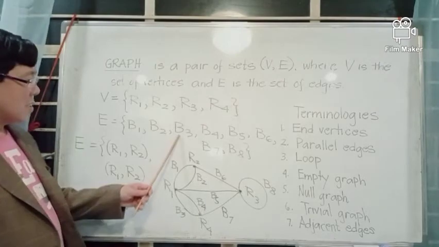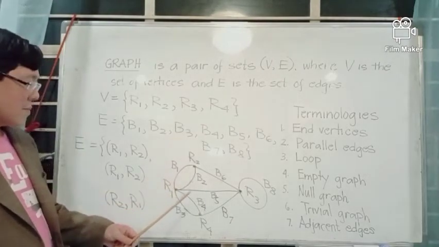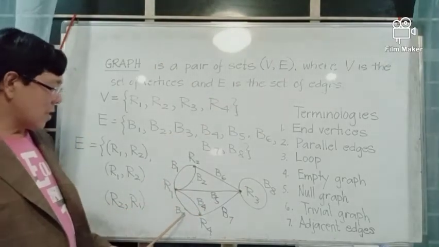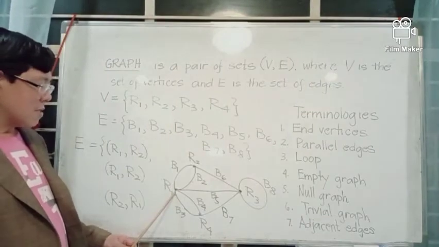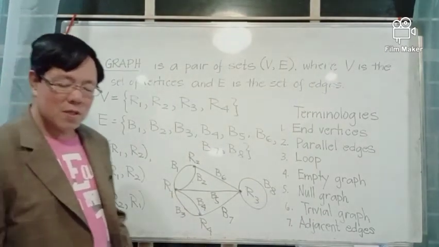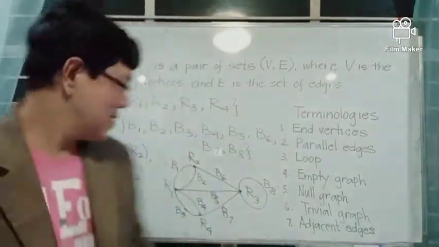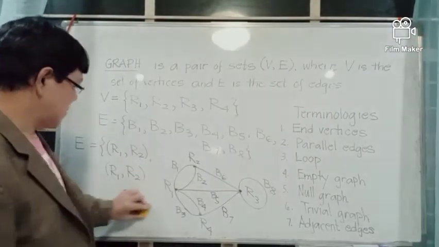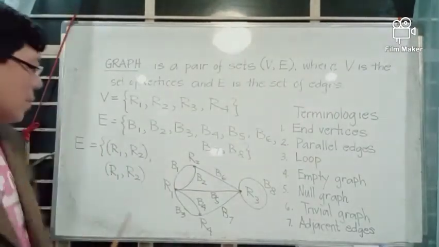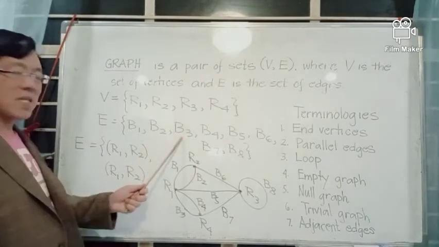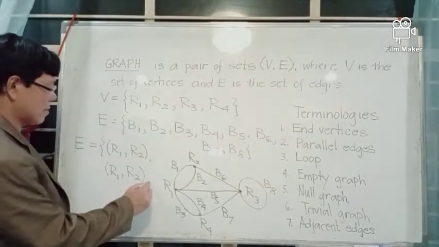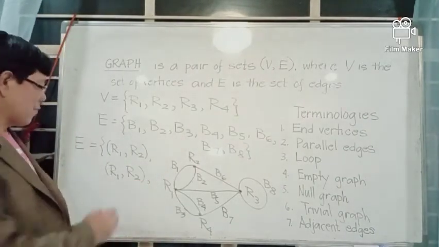Now for this edge B3 that connects the vertices R1 and R4, instead of writing B3, we write R1, R4.